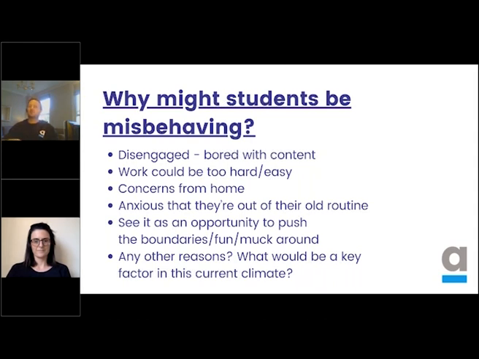So you just need to take that into account. Just like they don't know what might be happening in your personal life at home, or any baggage that you're bringing to work, you don't know what's going on in their life at home as well. So you just need to be aware and keep an eye out, especially if there are any safeguarding issues that you might be concerned about.